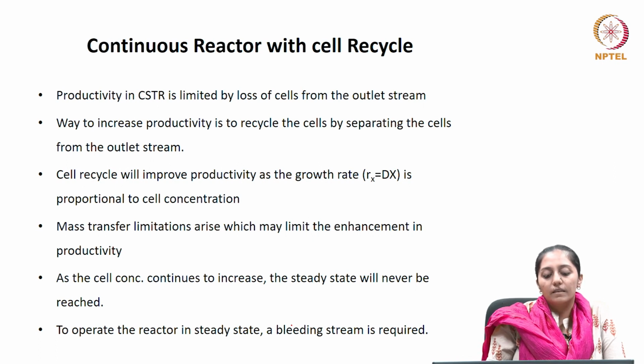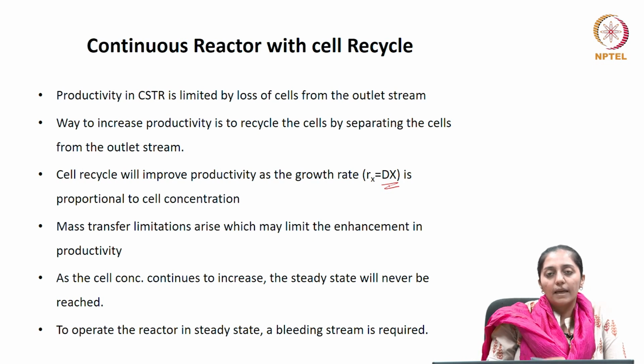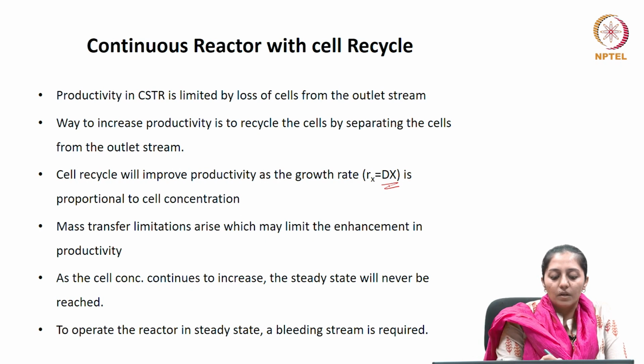So, cell recycle therefore can improve productivity as the growth rate is a function of the dilution rate and the biomass. So, which is productivity. Productivity is nothing but Dx. So, if x can be continuously increased, then your productivity will increase, because it is proportional to the cell concentration.